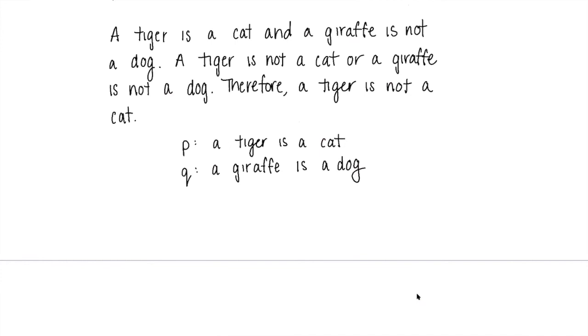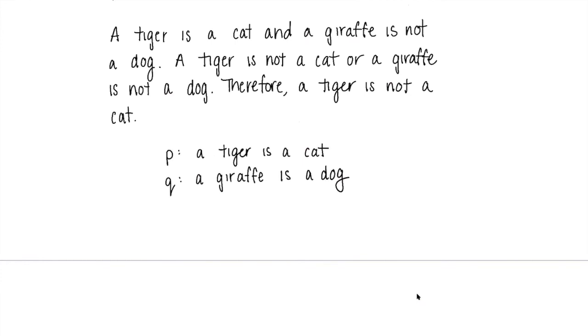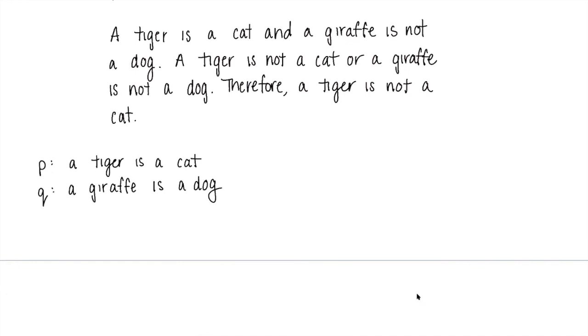So if we go ahead and look at this argument, in this logic form, our first statement is a tiger is a cat and a giraffe is not a dog. So a tiger is a cat is our statement P, and a giraffe is not a dog, so that is not Q. Second statement is a tiger is not a cat or a giraffe is not a dog.